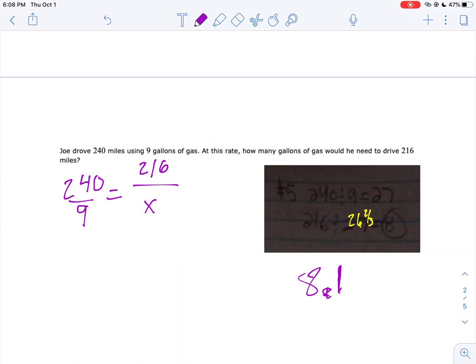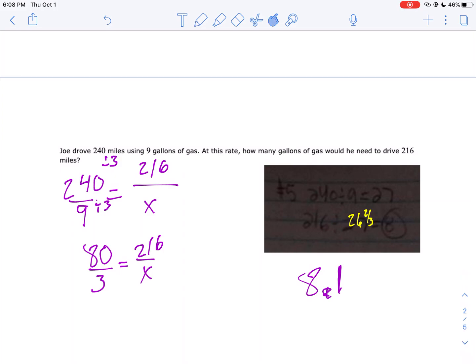Now, let me see here. I like to reduce that fraction. I don't like working with such big numbers. So what I'm going to do is I notice if I take 240 divided by 3, I can take 9 divided by 3 and get an answer. So 240 divided by 3 is 80 over 3 equals 216 over X.